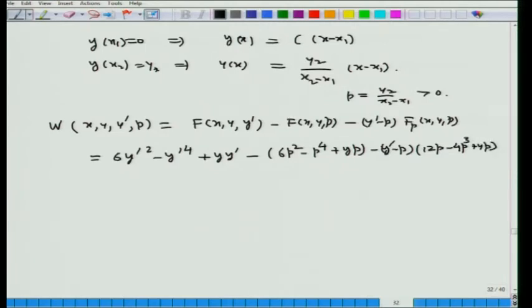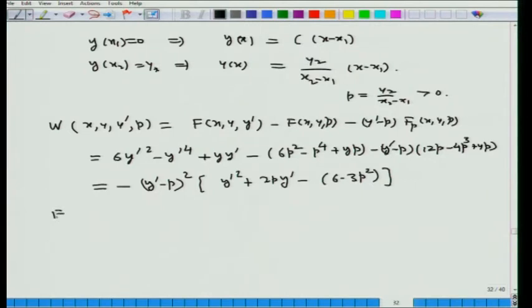This can be simplified finally as minus y prime minus p whole square times y prime square plus 2 p y prime minus 6 minus 3 p square.